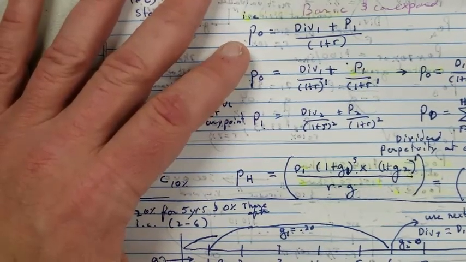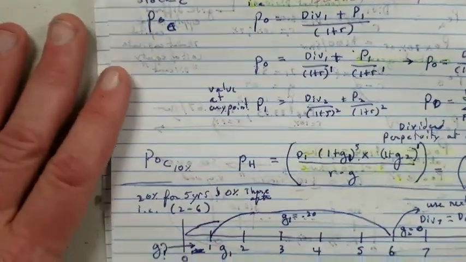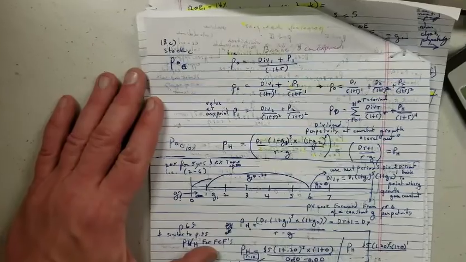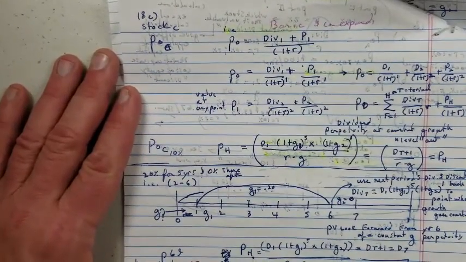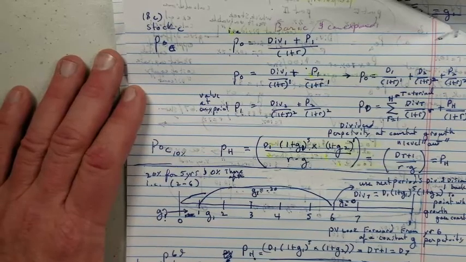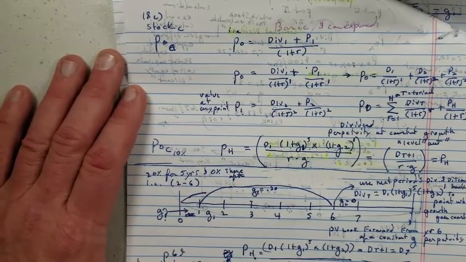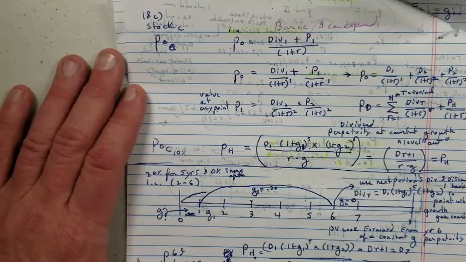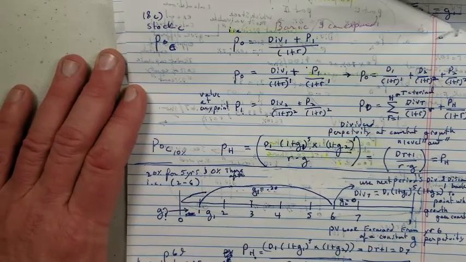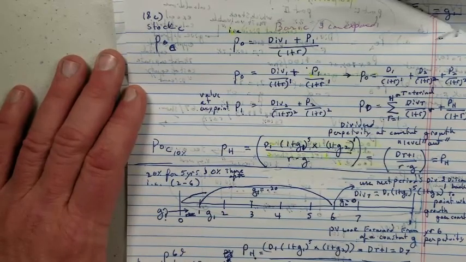Stock C is expected to pay a dividend of $5 next year. Thereafter, the dividend growth is expected to be 20% a year for 5 years, years 2 through 6, and 0 thereafter.